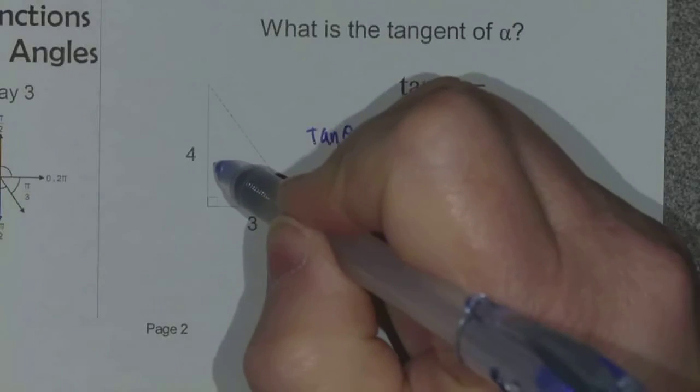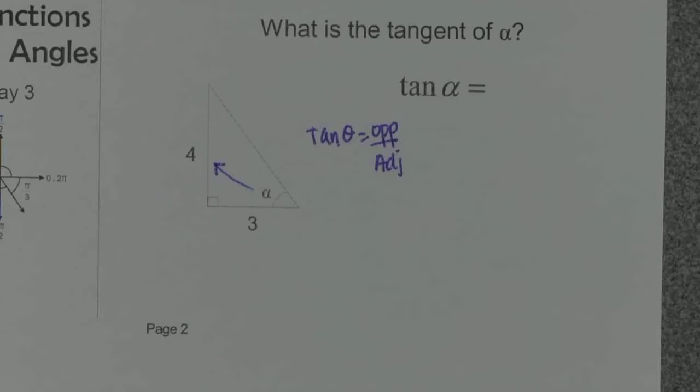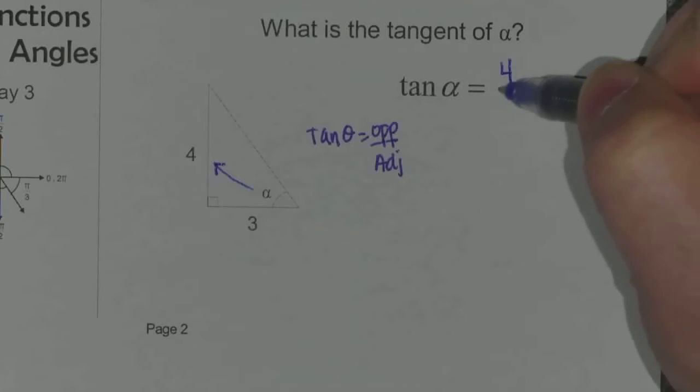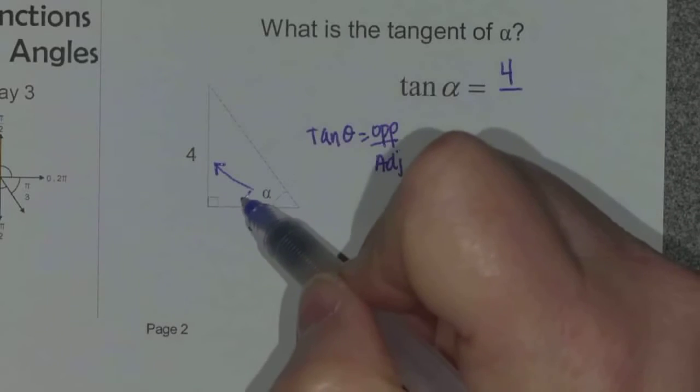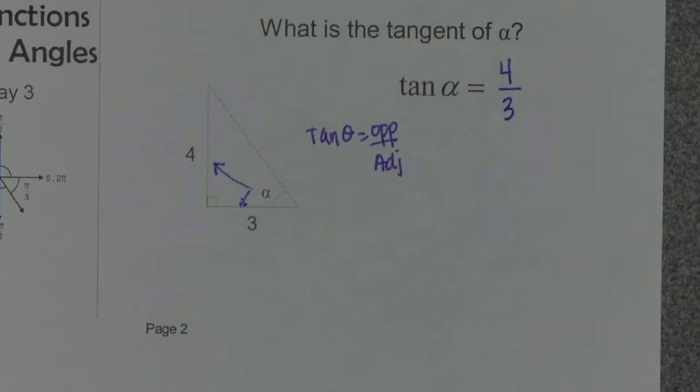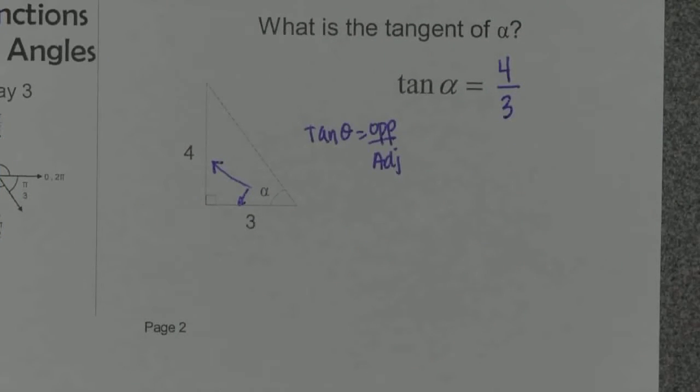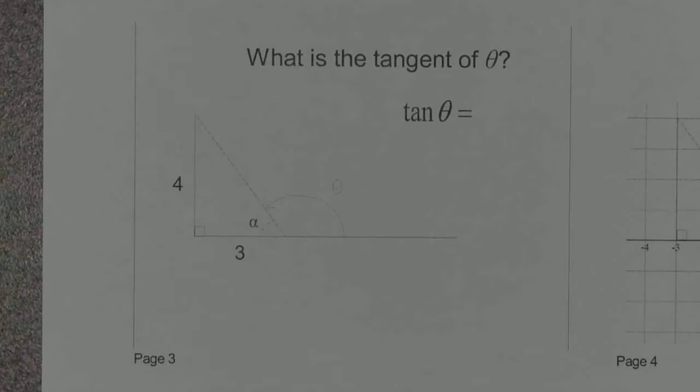So the opposite side is 4 and the adjacent side is 3. So our tangent would be 4 over 3. Everybody's good with that? All right, this time it says, what is the tangent of theta?